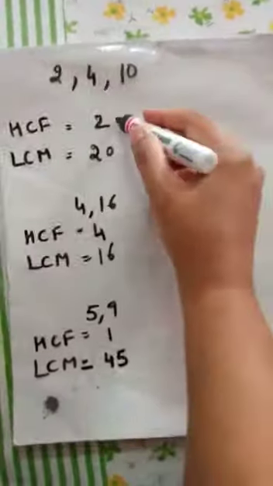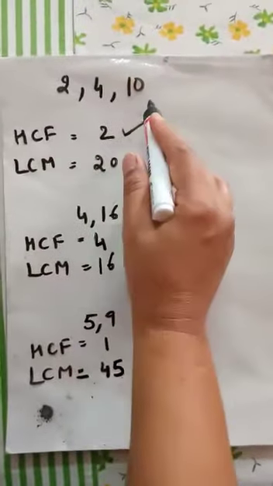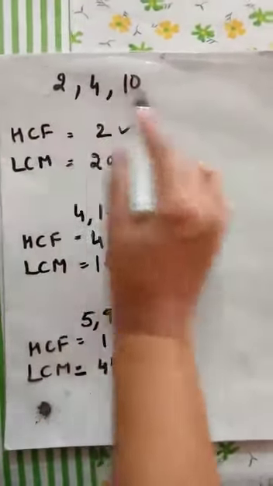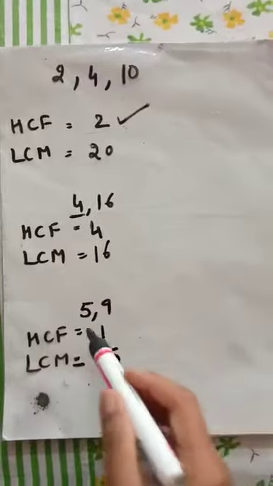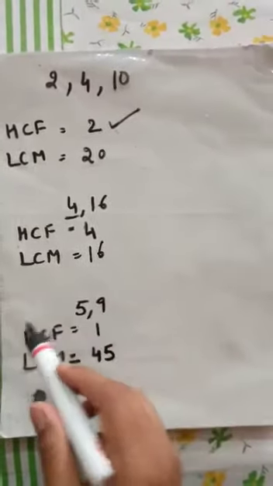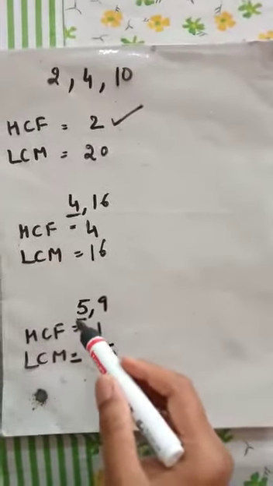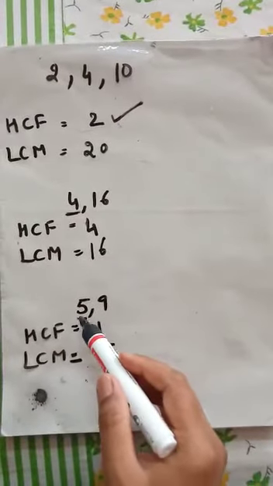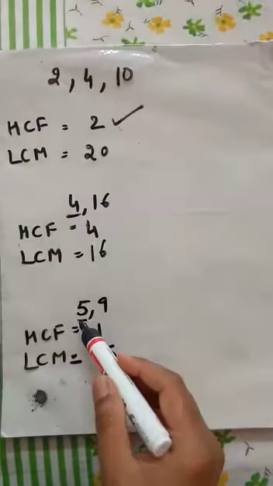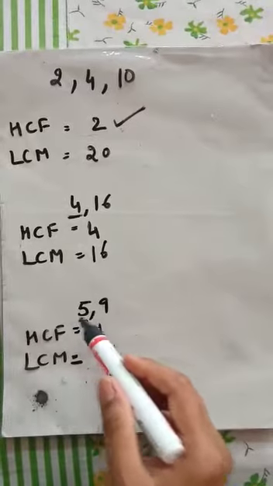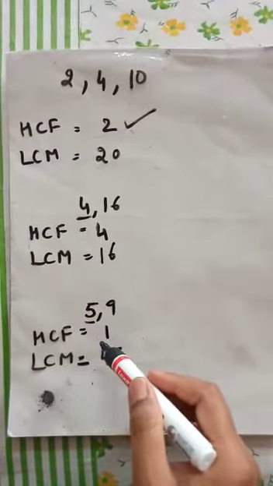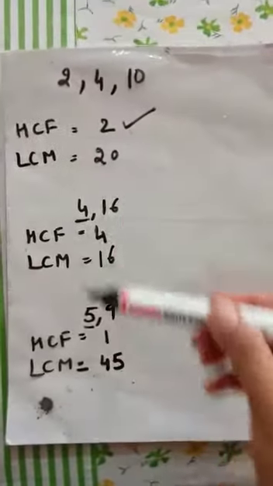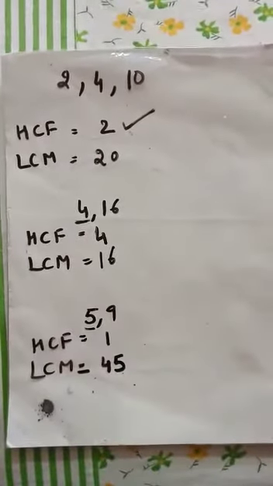Look at this, 2 is the smallest number of these. Smallest number of given numbers is HCF. Here also the smallest number of given numbers is HCF. Here 1 is HCF, which is smaller than the smallest number, 5. So the HCF is either the smallest of the numbers or even smaller than that.